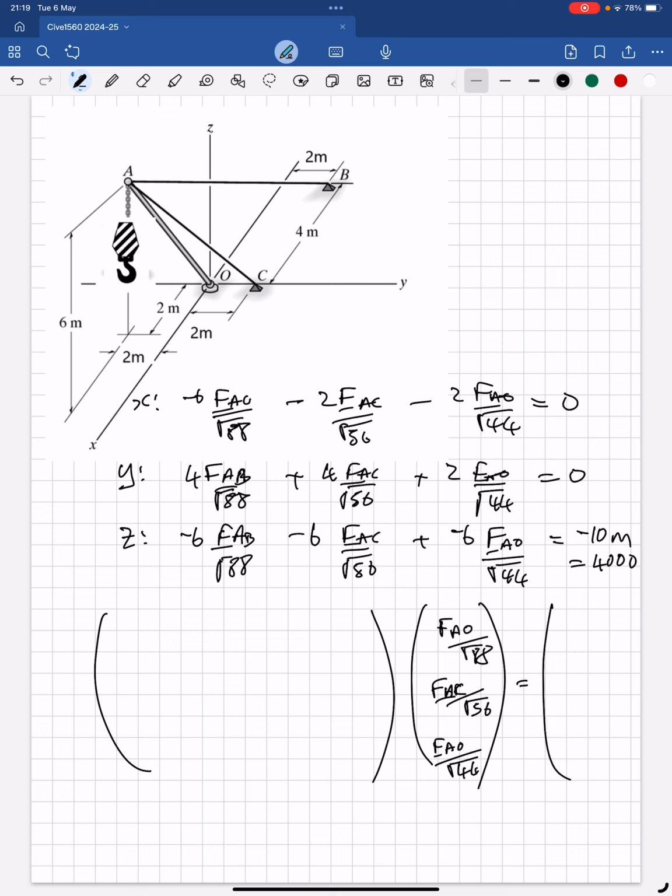The right hand column will be 0, 0, minus 4,000, and the matrix will look like minus 6, minus 2, minus 2, 4, 4, 2, minus 6, minus 6, minus 6. And that is part C of this question.